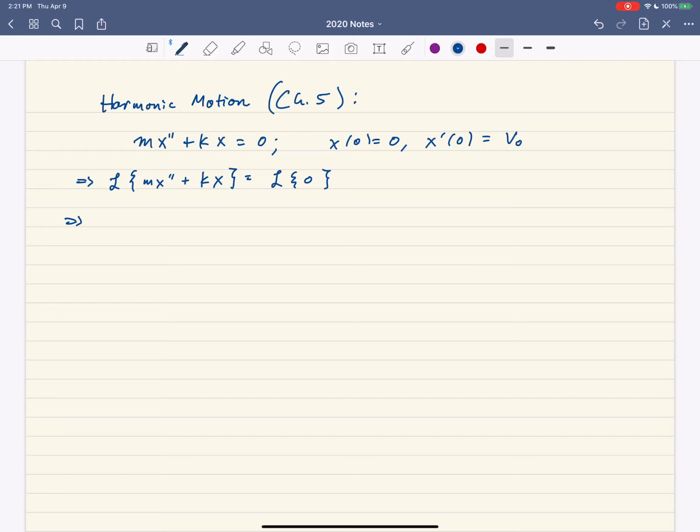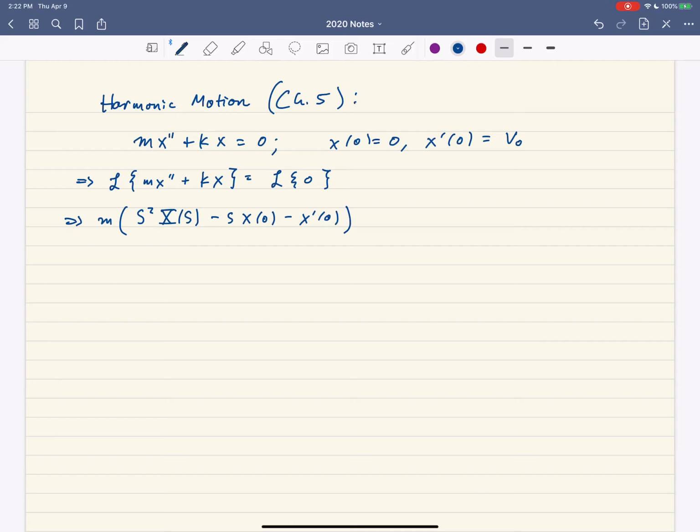The Laplace Transform of x double prime will be s squared capital X of s minus s times x of 0 minus x prime of 0.